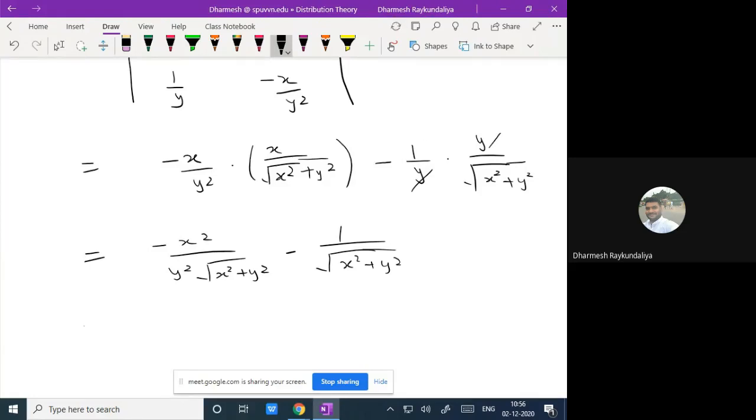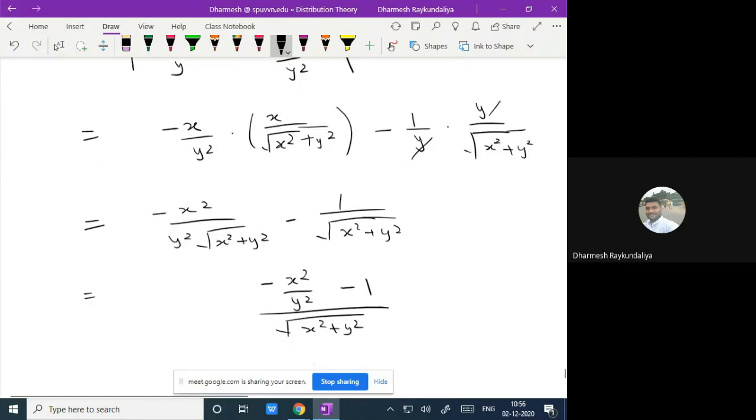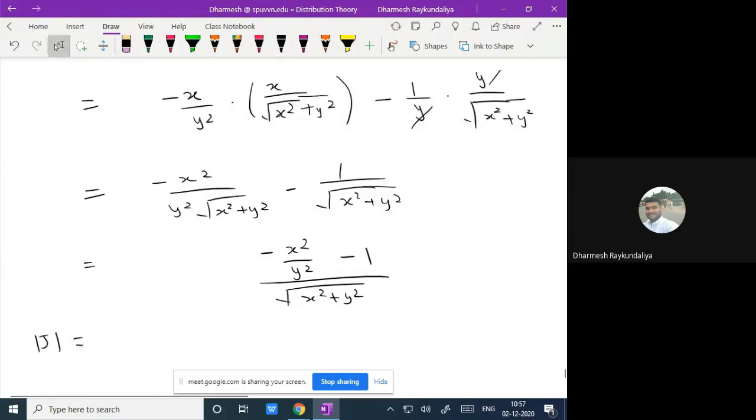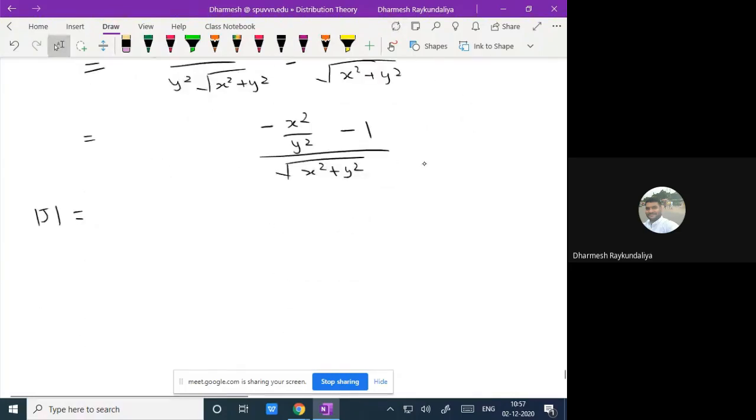So what will you get? You will get minus x square upon y square minus 1 divided by square root of x square plus y square. Because you are finding the absolute value of the Jacobian, it is nothing but x square upon y square plus 1 upon square root of x square plus y square, because minus 1 is common.